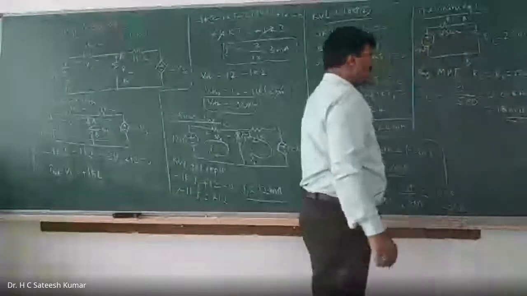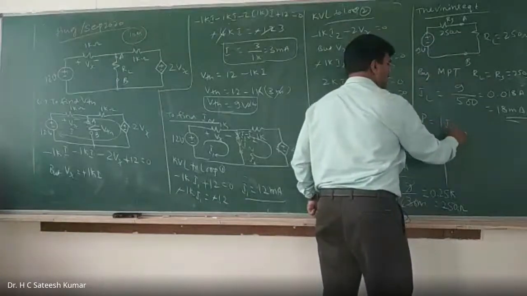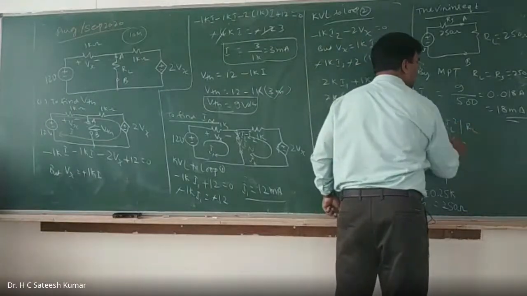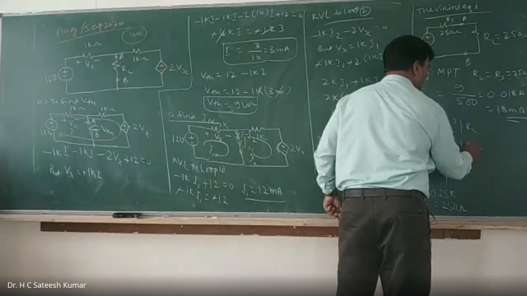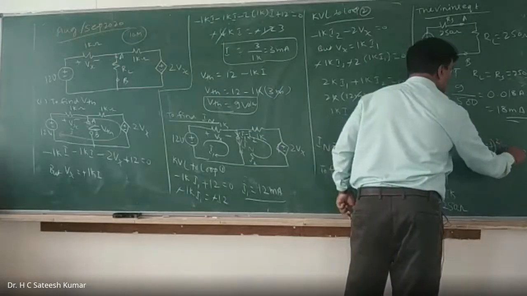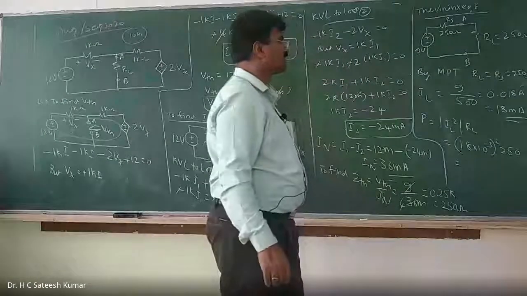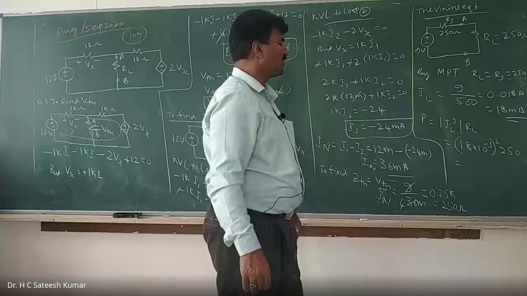Power is equal to what? Magnitude of IL squared into RL. IL squared is 18 into 10 to the power of minus 3, whole squared, into 250, RL. How much is that? Take 0.018, whole squared, into 250.